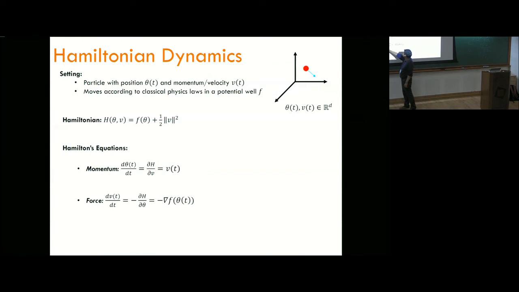The rate of change of velocity is the negative partial derivative of the Hamiltonian with respect to the position. Okay? It already has this symplectic structure built in.